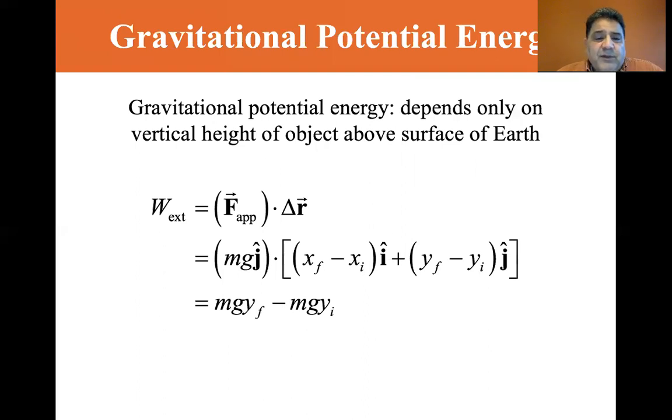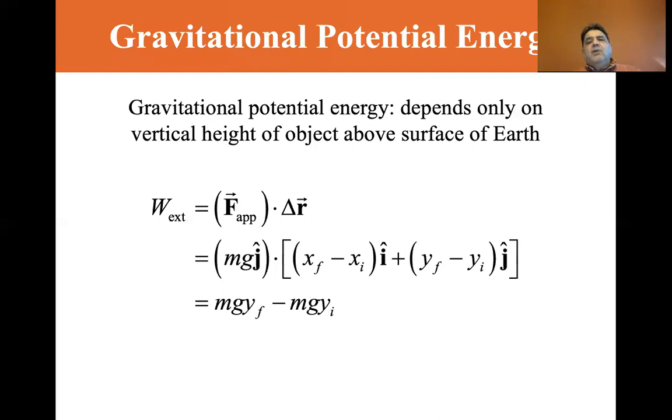The applied force in gravitational potential energy is mg j dotted with x final minus x initial in the i vector, plus y final minus y initial in the j vector. i is the horizontal position, j is the vertical position. Well, j dot i is equal to 0, so those terms will cancel out, and all you're left with is mg y final minus mg y initial.